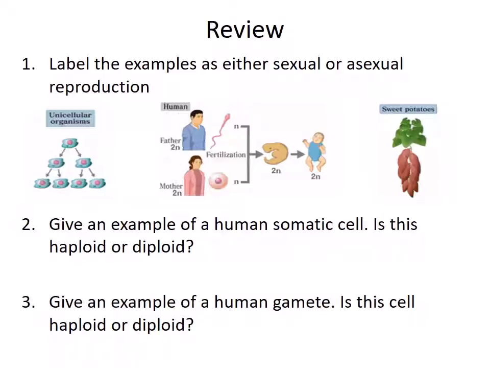The last example is kind of a tricky one. We've got a sweet potato plant, and they're really not showing you what is happening with this sweet potato. If you took the potato and put it in the ground, you would get another sweet potato plant, but the potato isn't a seed, so you have to know a little bit about plant biology to know what's happening in this one.